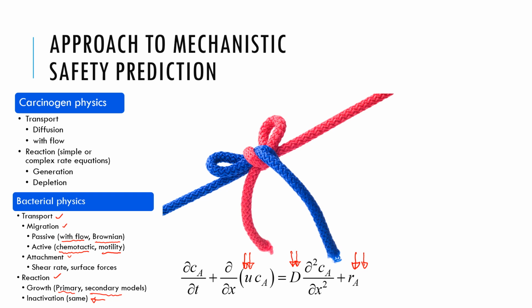Again, there can be just diffusion or movement with flow, or it can have reaction, meaning generation of more carcinogens. So both bacteria and carcinogen can be nicely treated in this transport framework, the details of which were discussed in the previous two videos.